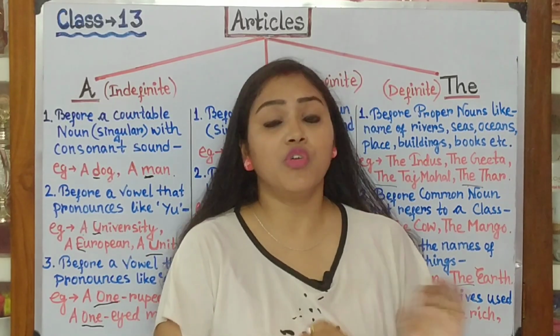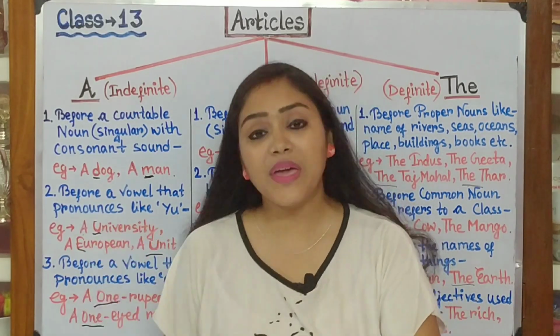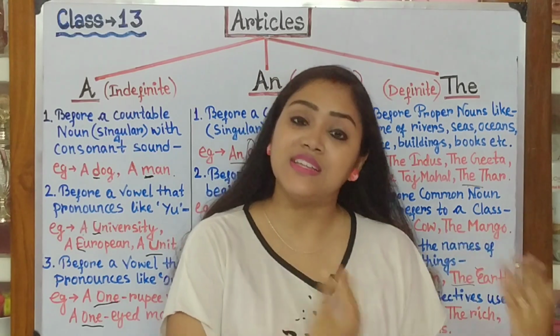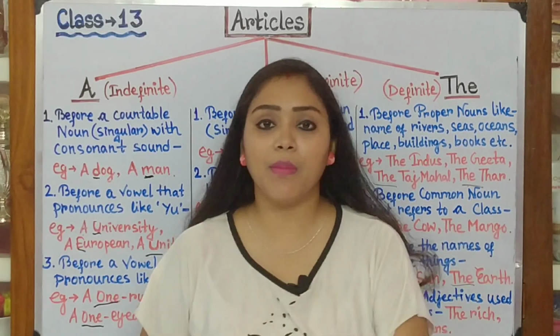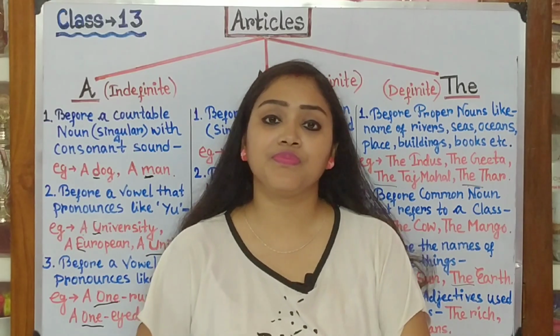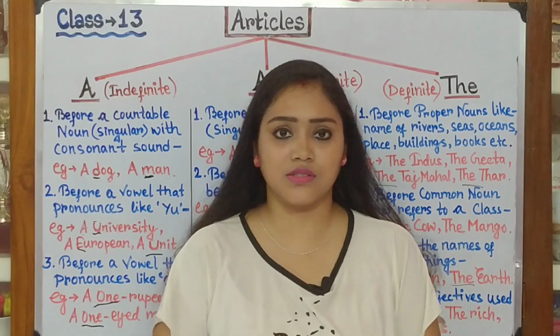Other than that, we don't use articles before seasons, before meals, before diseases, and even before the days of the week, months, and years. So these are the places where we generally omit the articles.